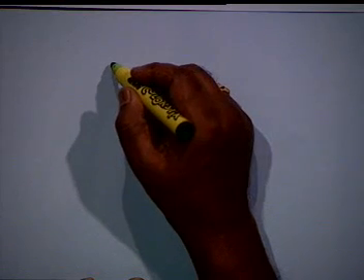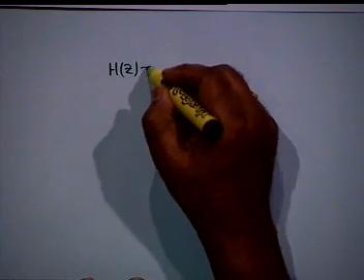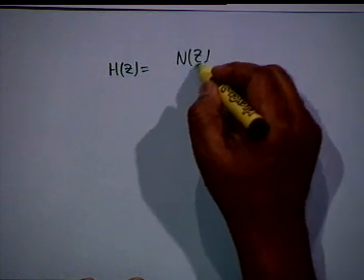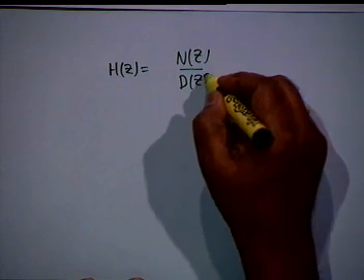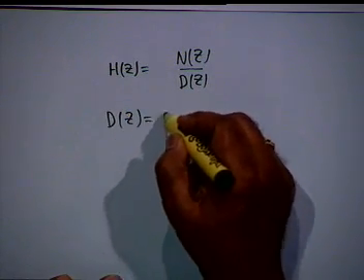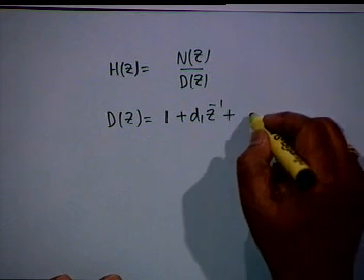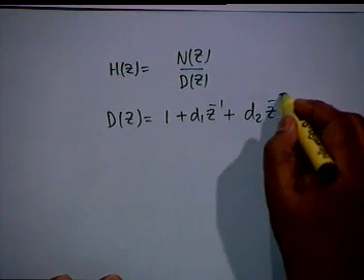And then we started stability testing, and we took a second order transfer function H(z) equal to N(z) by D(z), where D(z), being second order, can be written as 1 plus d1 z inverse plus d2 z to the minus 2.